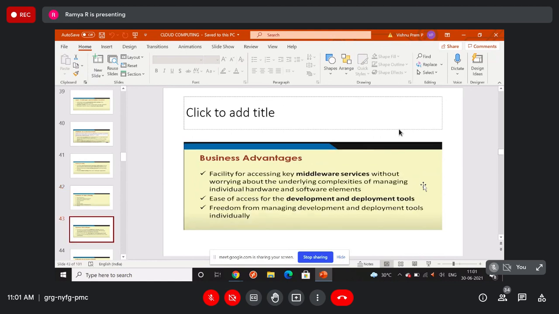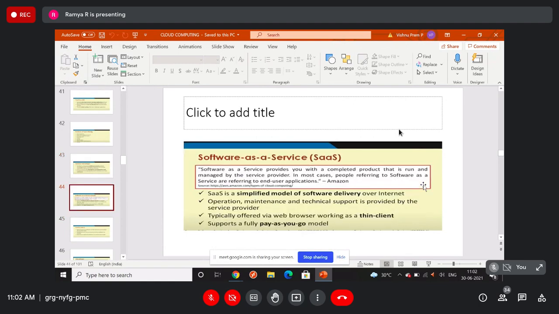Next, business advantages of PaaS: facility for accessing key middleware services without worrying about the underlying complexities of managing them. And next, ease of access to development and deployment tools. You don't need to install any development tools for developing any application. And you don't need to manage them after you develop: freedom from managing development and deployment tools individually.